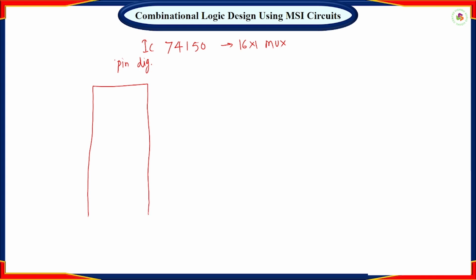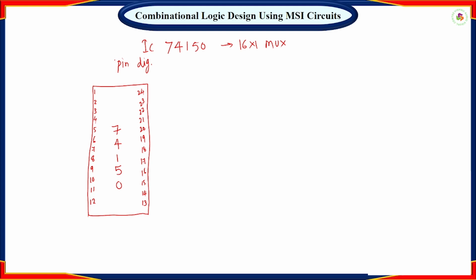So what do the 24 pins consist of? 16 are your data inputs, right? Let us define pin numbers 1, 2, 3, 4, 5, 6, 7, 8, 9, 10, 11, 12, 13, 14. This IC is the 74150 mux, which is a 16 into 1 mux.